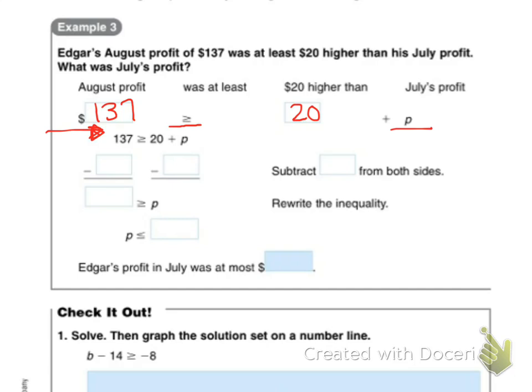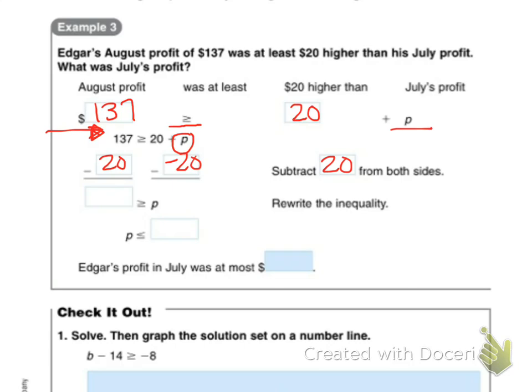So when I look at this, I see that my variable is here. I'm adding $20. Because I'm adding 20 to my variable, I am going to subtract 20 from both sides.